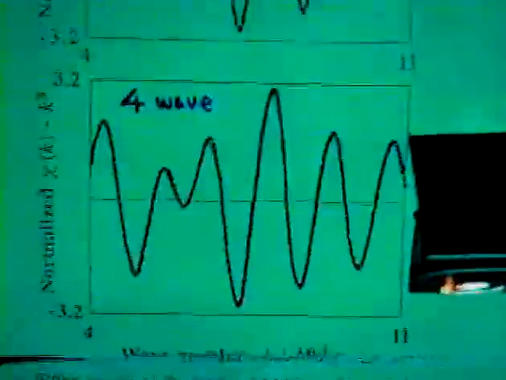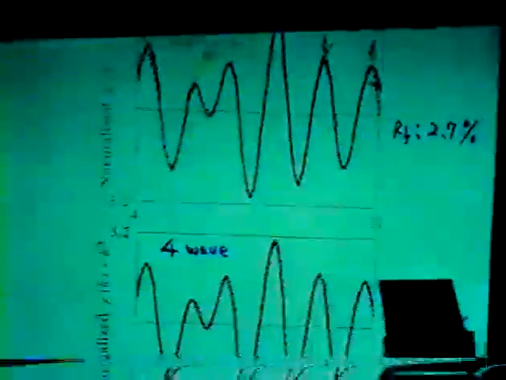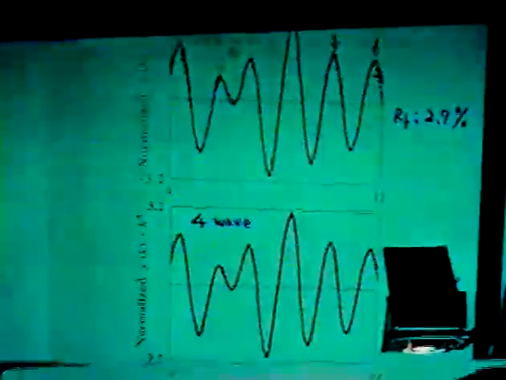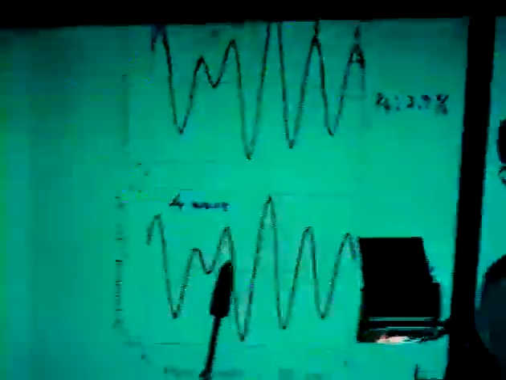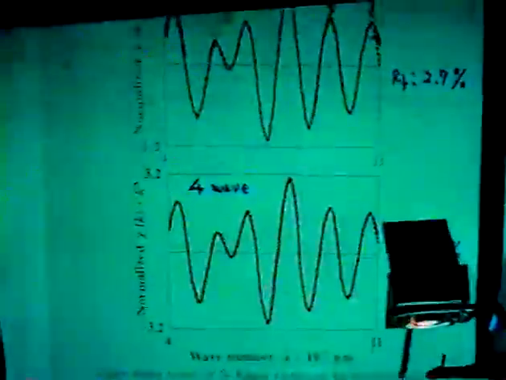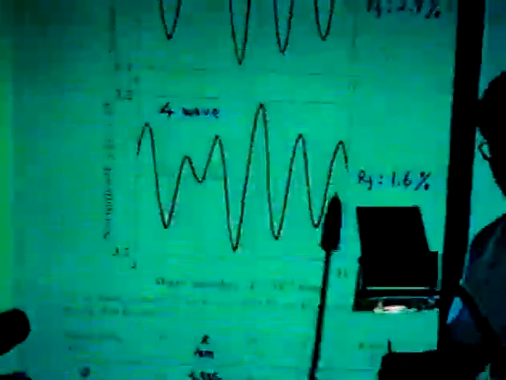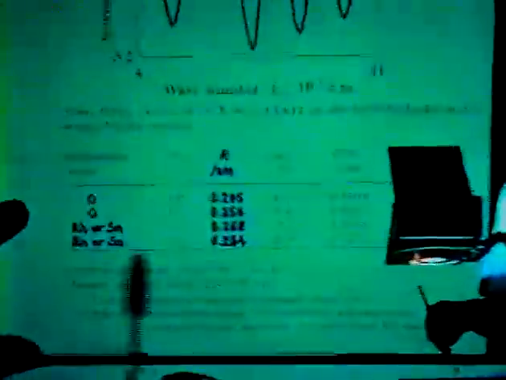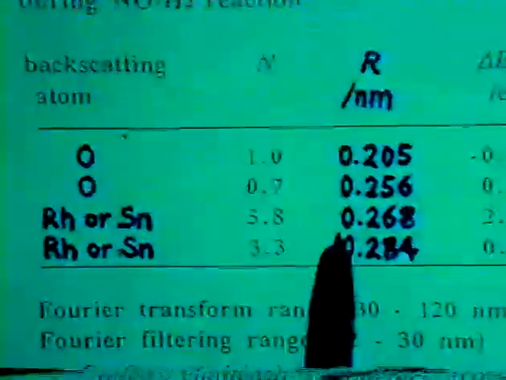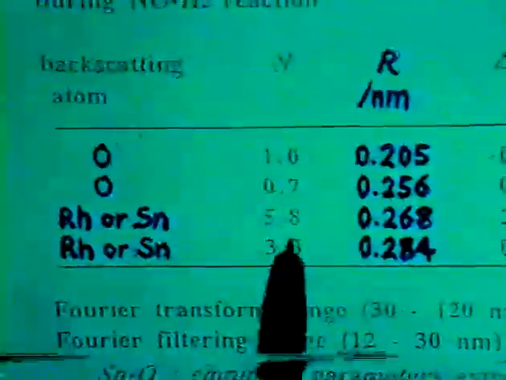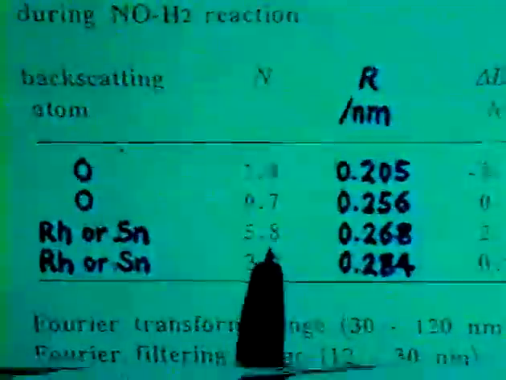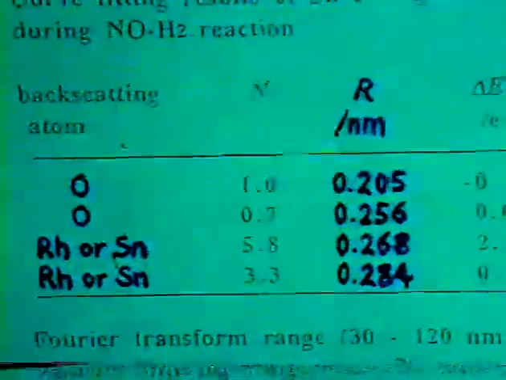The red one is the experimentally measured X-ray oscillation, and the blue dotted lines are the curve fitting by assuming two different types of tin-oxygen bond at 0.205 and 0.256 nanometers, and then we added one tin-rhodium or tin-tin bond distance.